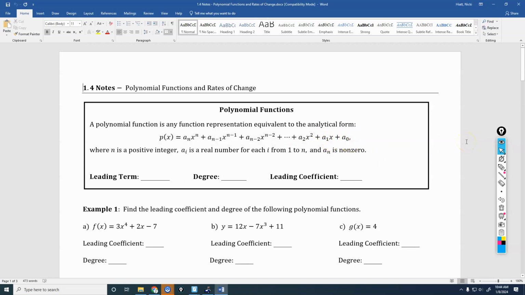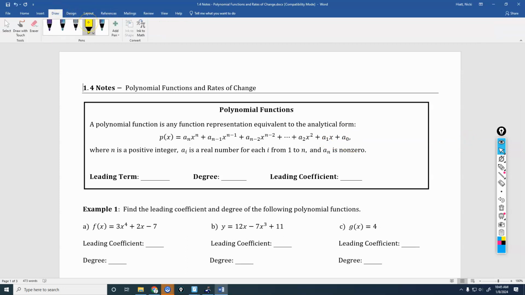Okay? So let's look at some different parts of this. Use my highlighter here. Let's look at the variable parts first. All right, so n is some sort of number that we might have.